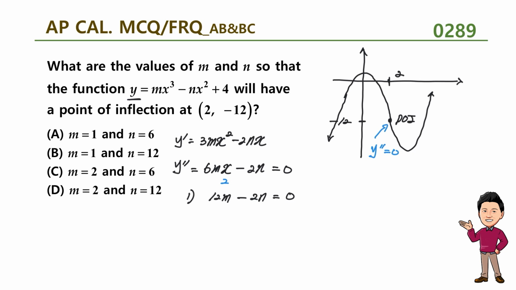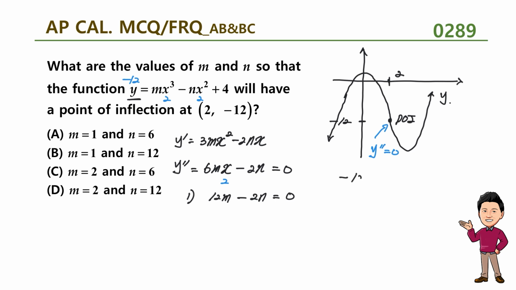And also remember, this coordinate is on this curve of y, right? So when x is equal to 2, y must be equal to -12. So we're going to substitute 2 here, -12 for y.